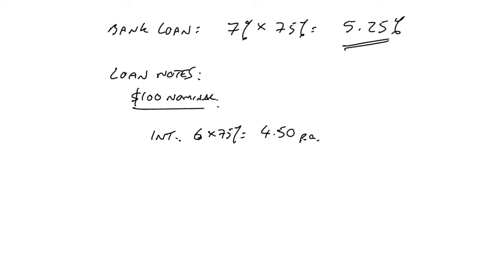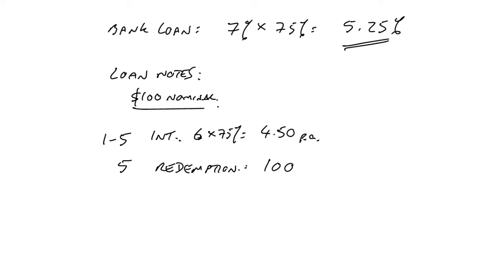Each year until redemption. So they're redeemable in 5 years' time. So interest of $4.50 a year, years 1 to 5. In 5 years' time, they're redeemed. And it says they're redeemed at the nominal value of 100. So it's 100 in 5 years' time.